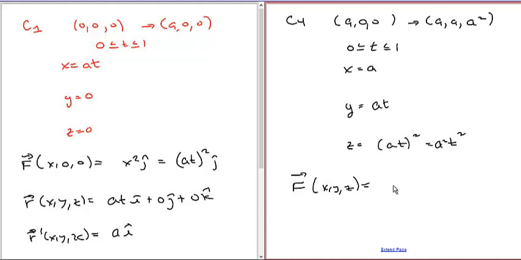So z in this case is a squared t squared, squared, times i. j is x squared, so we get plus a squared j, and then the last term is y squared k. So y is this, so you get a squared t squared times k.